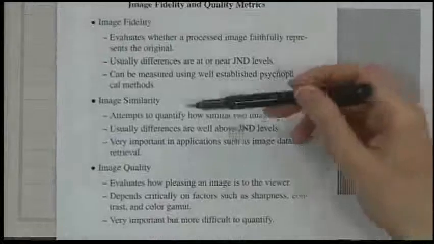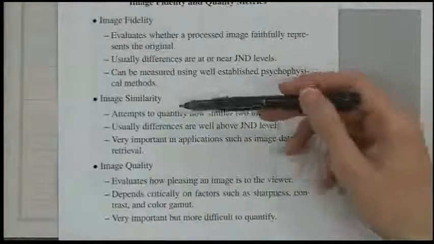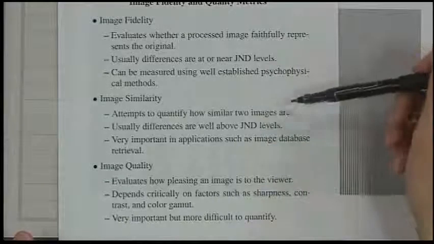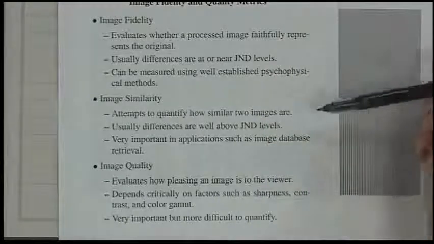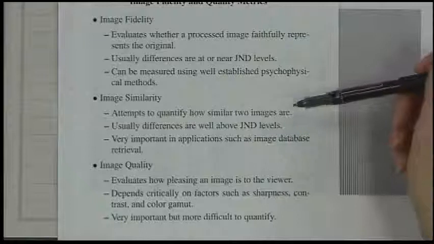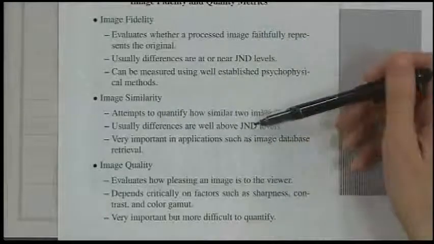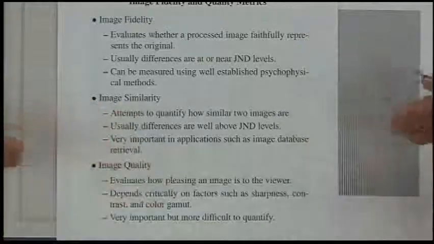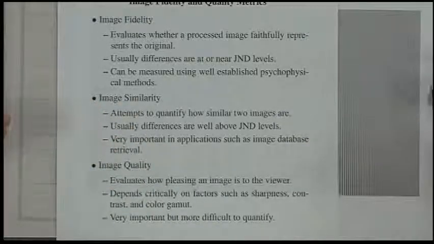These other ideas of similarity and quality are quite different. Similarity is also a measure of the difference between two images, but there's more of a subjective quality to that. In this case, the differences are way above the just noticeable difference level. So you're actually dealing with two really different images in terms of what they contain.